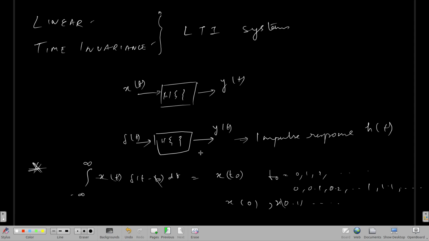Other than this, what is the significance of the impulse response? I think I have mentioned this when we were dealing with electrical networks. This shows the natural response of the system, right?